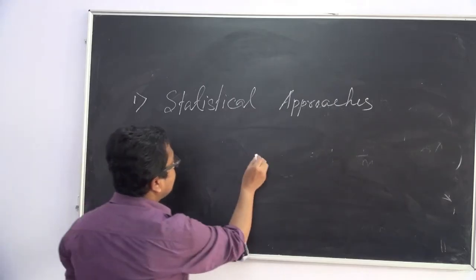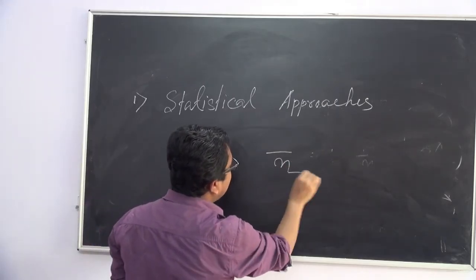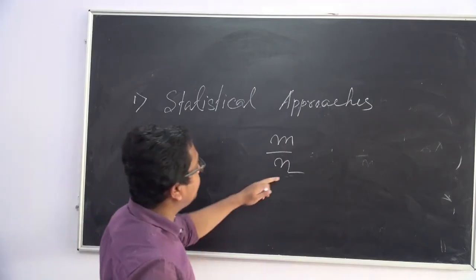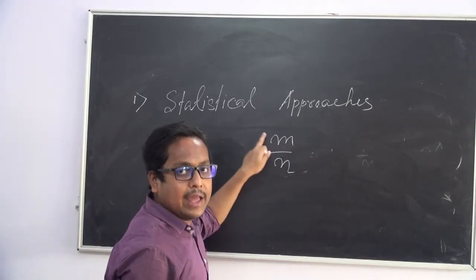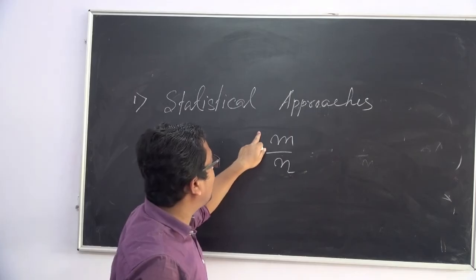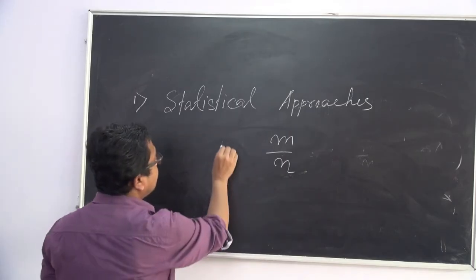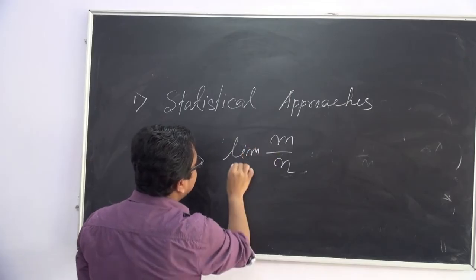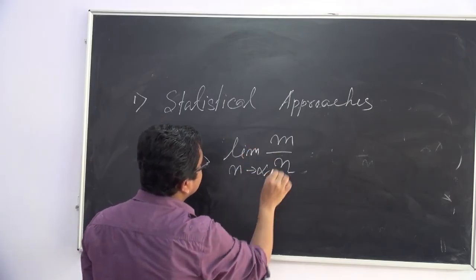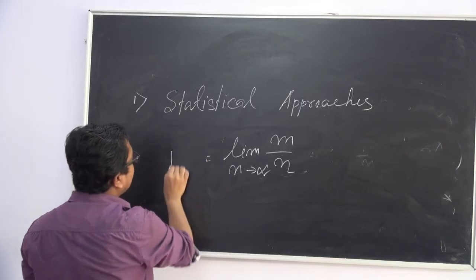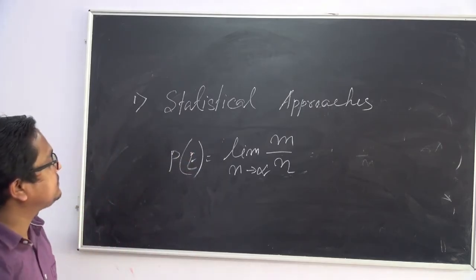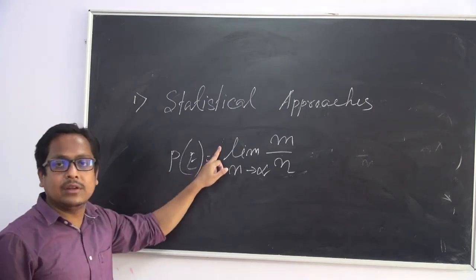That means if the total number of trials is n and m is the total number of occurrences of that event, then the limit as n tends to infinity of m by n gives the probability of that event.